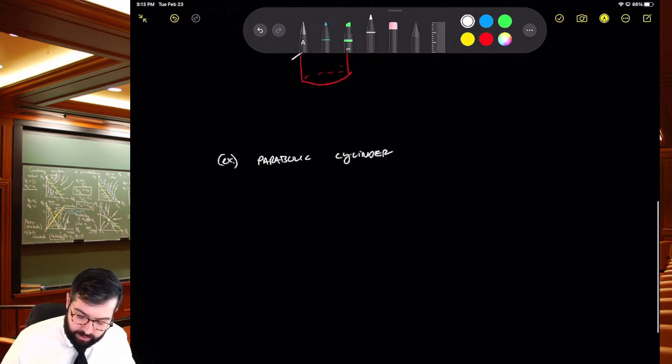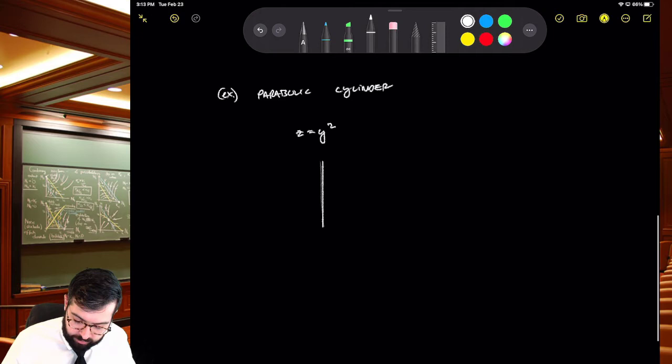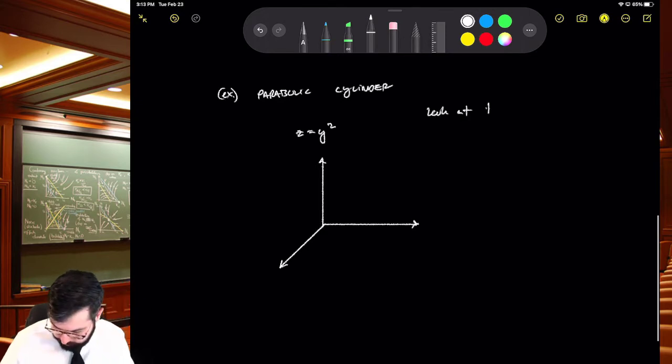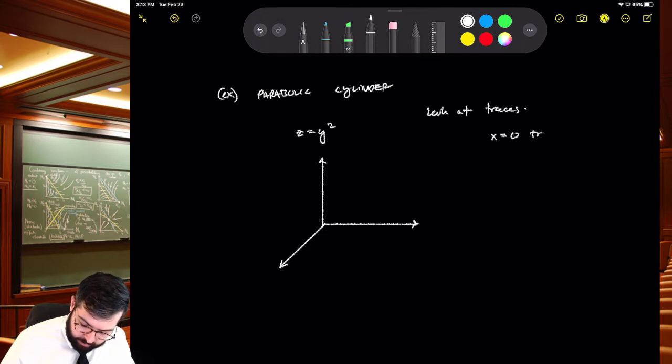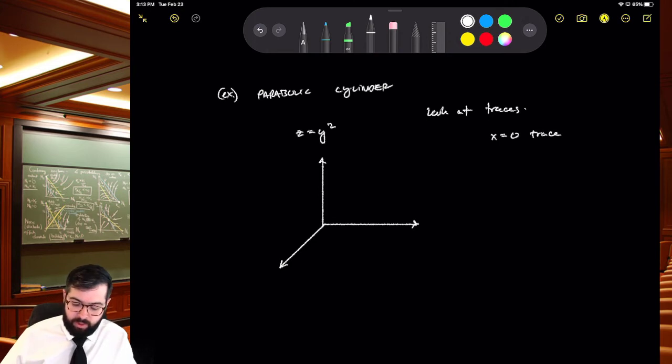So if you think of, let's say, z equals y squared. Okay, how should this thing look? Well, what we can do is look at traces. For example, looking at the x equals 0 trace, when x equals 0, what does z equals y squared look like?